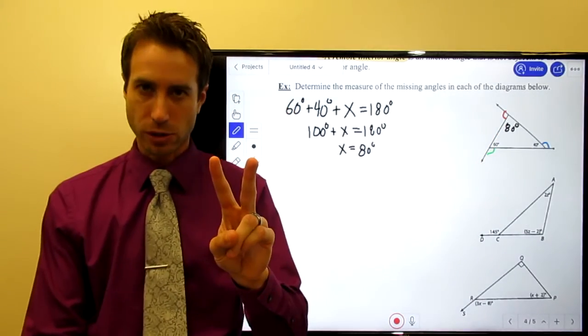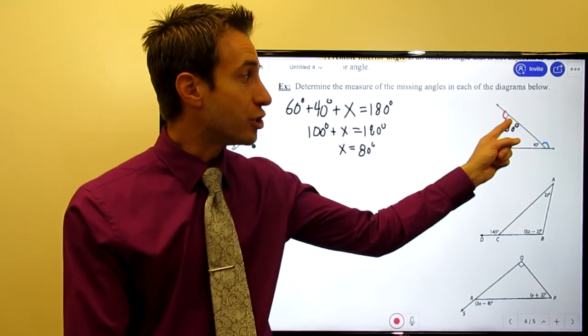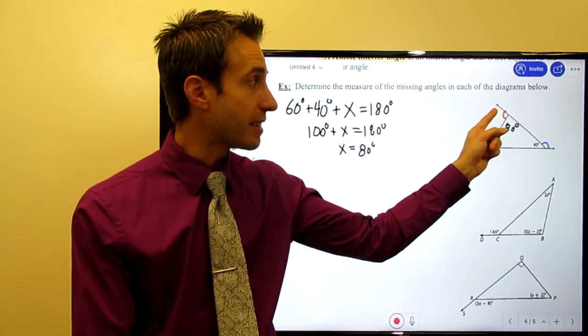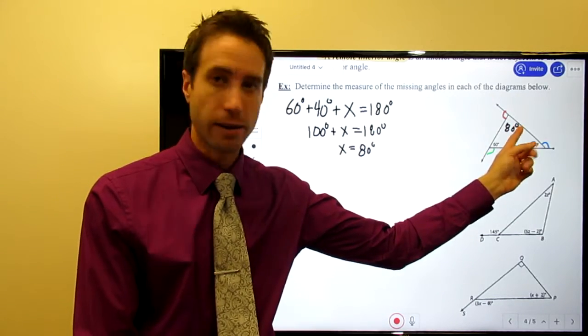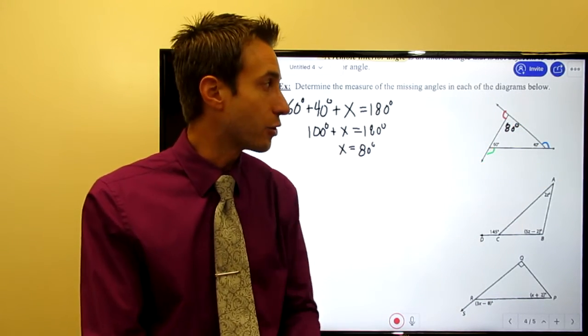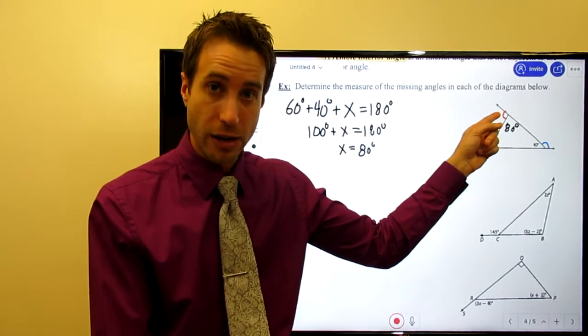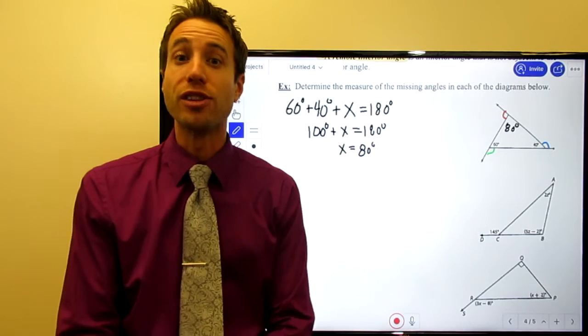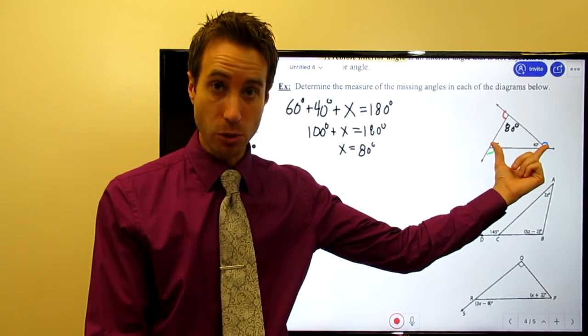You've got two options. Like we said above, the adjacent interior angle and the exterior angle have to sum to what? Yeah, they're a linear pair. They have to sum to 180 degrees, right? You also know the exterior angle is equal to the sum of what two angles? The remote interior.